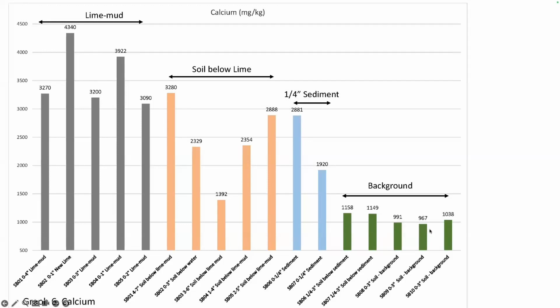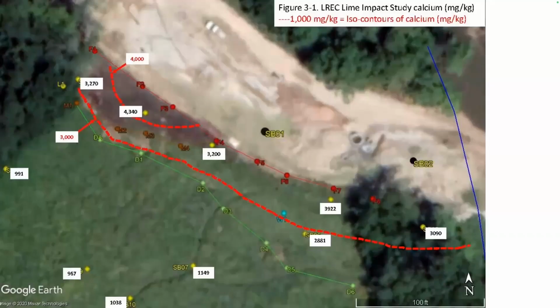In your background, they're down in this range. Lime mud is obviously a big problem. And the soil underneath the mud got a fair amount of infiltration in there. And the sediment, I think, is partially due to periodic flooding. We had a flood when it was still out there and complicated matters. And we plotted calcium levels also here.